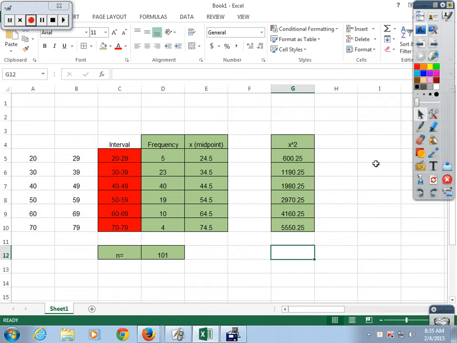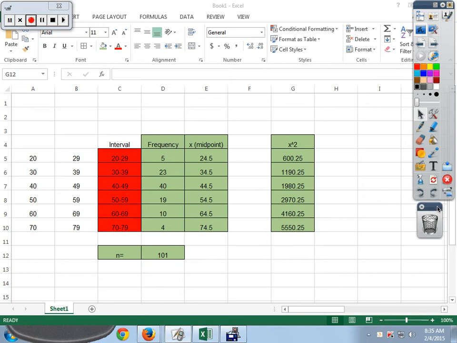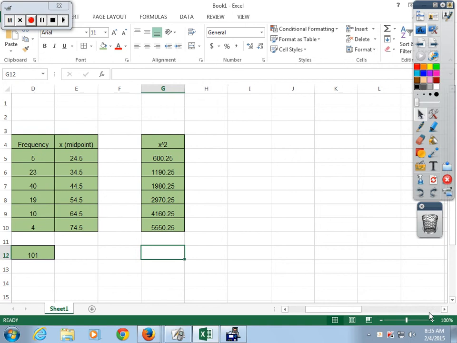Alright, now we've got x squared. So now we're going to move over. And I'm going to do two separate columns. And what are we going to do? F times x, good. And f times x squared.